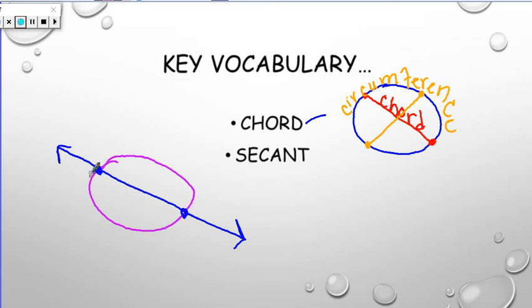It intersects here at point A and point B. And sometimes these are labeled and sometimes they aren't. But the key is the secant keeps going on forever. So it intersects with the circumference of the circle and it goes on forever. So that's another example of a secant, this red line.